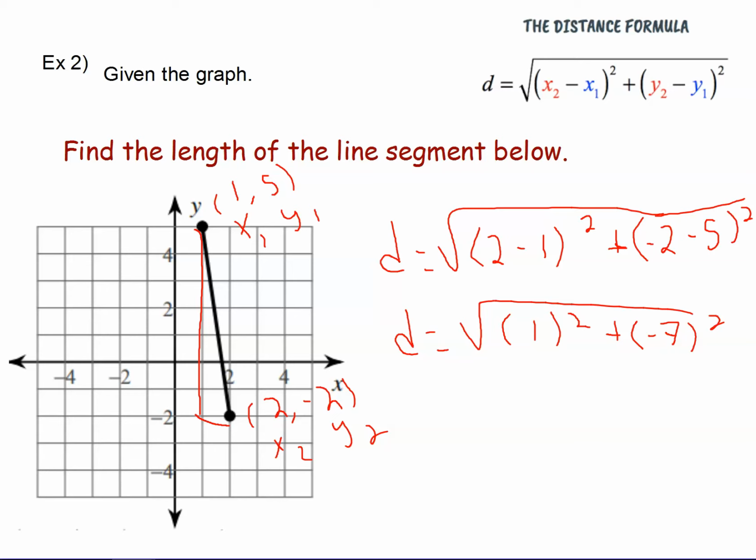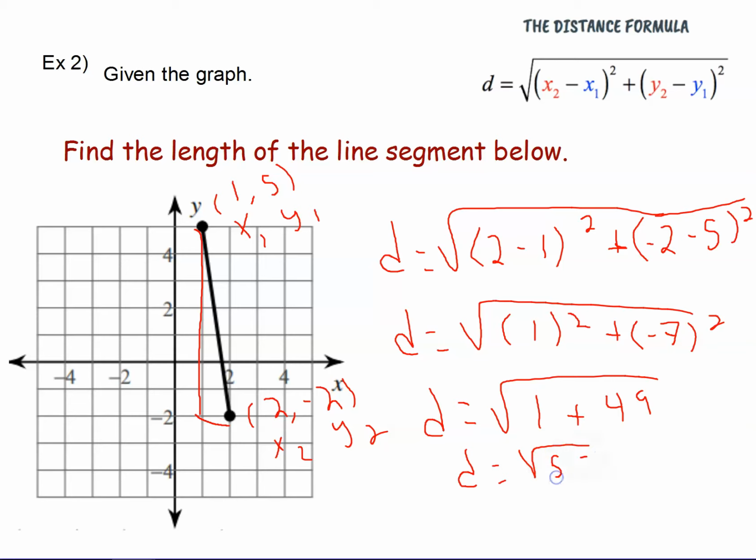So again, it's really just the Pythagorean theorem, and you could always just go ahead and draw that triangle underneath and use the Pythagorean theorem. And so now I have the distance is going to be 1 plus 7 squared, which is 49. And so I'm going to get here the square root of 50.